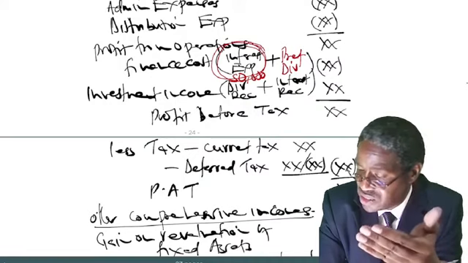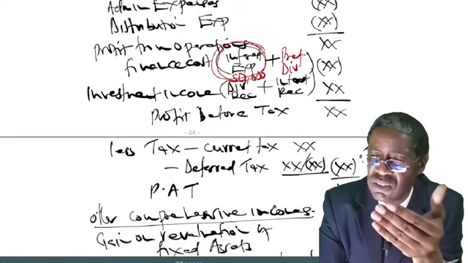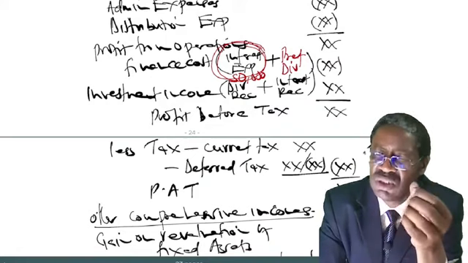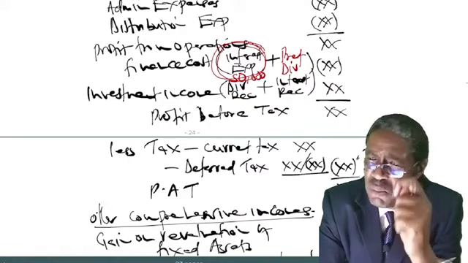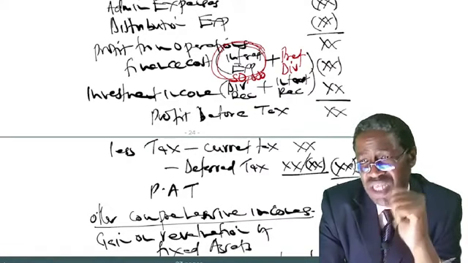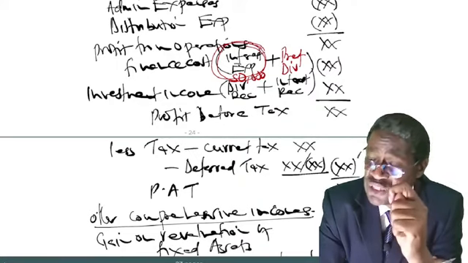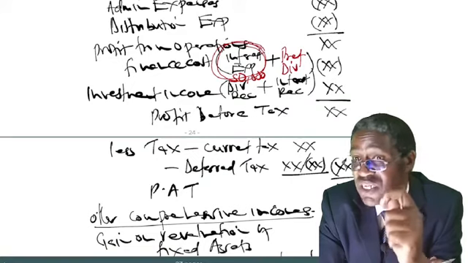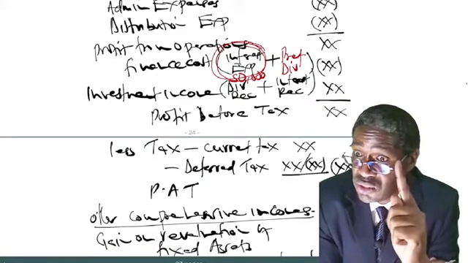Then we have discussed how do we treat their dividends. I've told you, for preference shares, if they are redeemable, then the preference dividends on redeemable preference shares are classified as a finance cost.